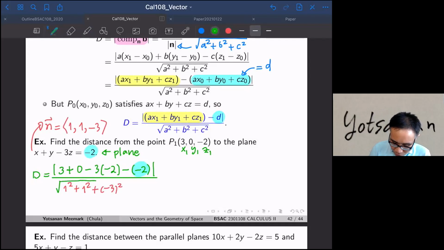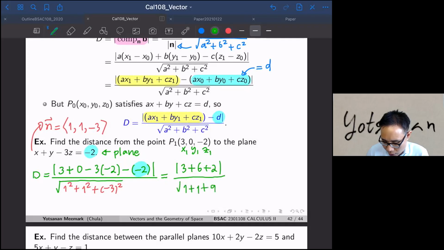So in this case, I have the absolute value of 3 plus 6 plus 2. On the bottom, you would get the square root of 1 plus 1 plus 9.